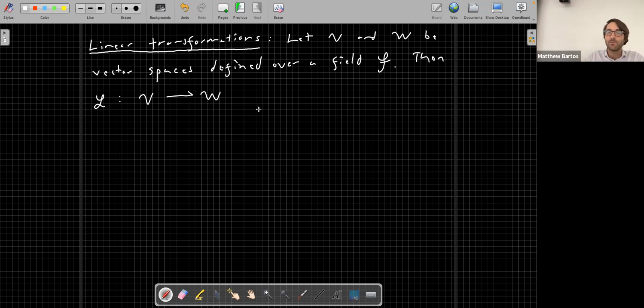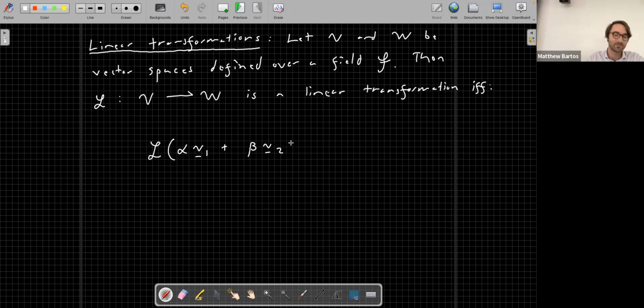We say that the transformation L is a linear transformation if and only if, and you can probably guess what I'm going to show, the linear transformation applied to alpha V1 plus beta V2 is equal to, what do you think?